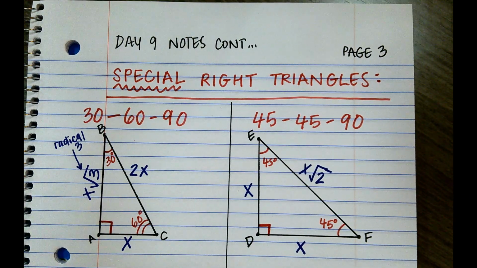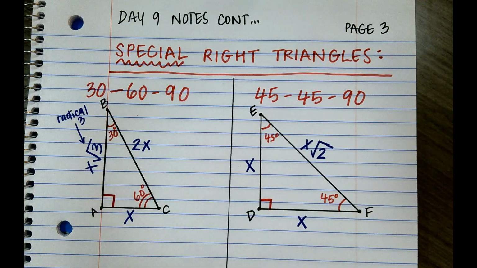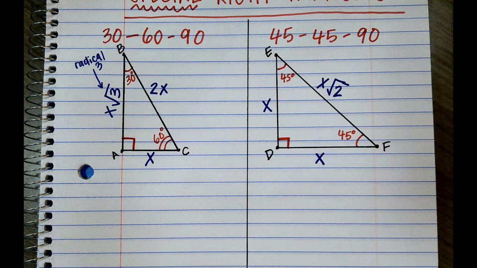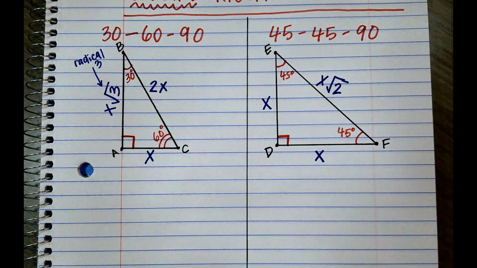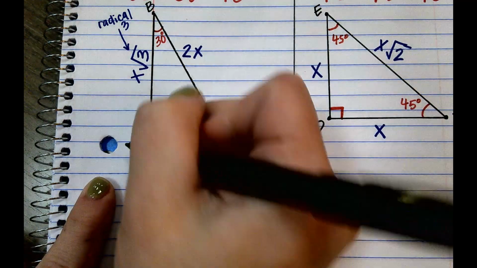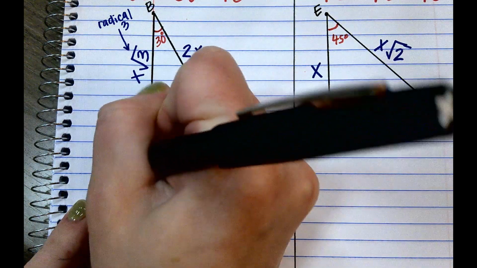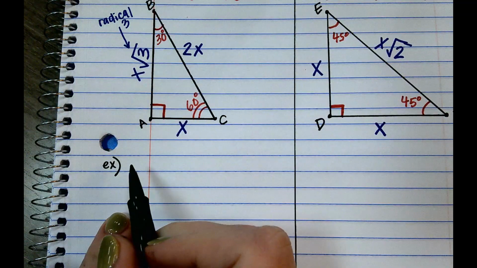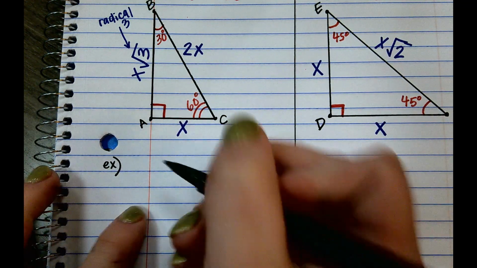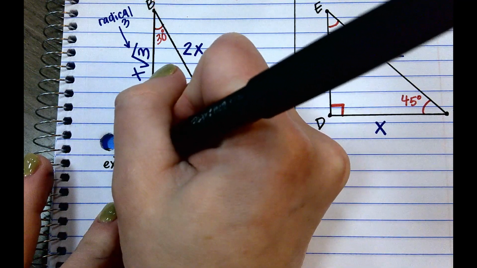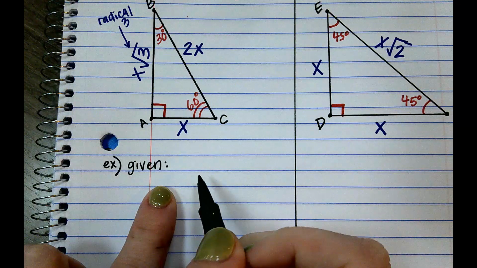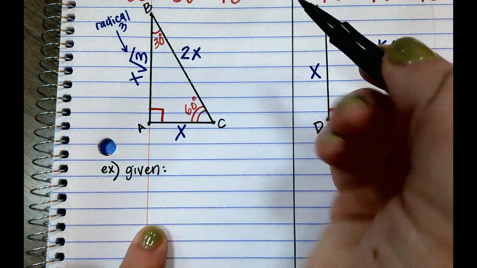All right, so let's look at the 30, 60, 90 triangle first. And I'm going to give you an example of how one of these problems might look. So for the first example here, you're going to have a list of things that are given to you and then a list of what you need to find. So it will say something like given, and then it will list off the different side lengths.